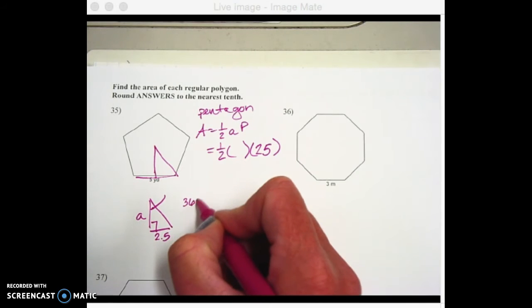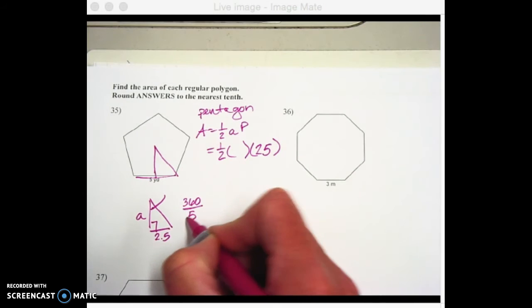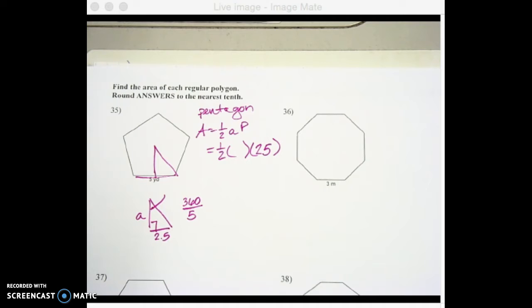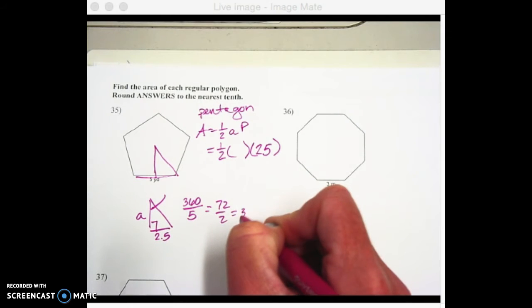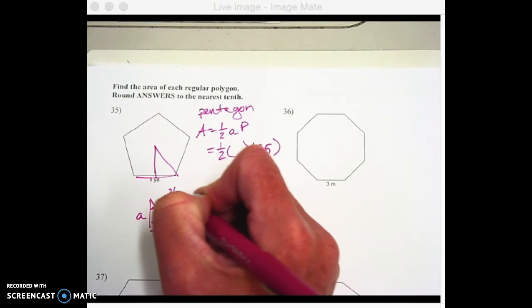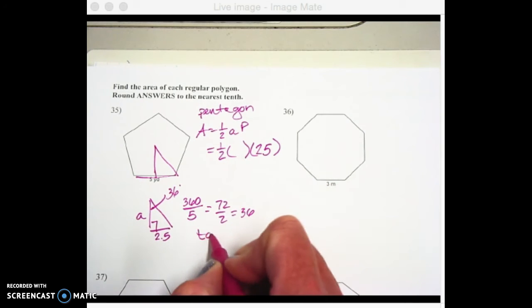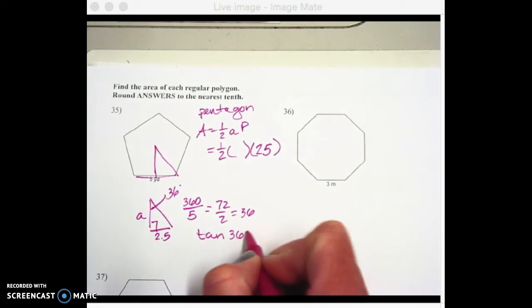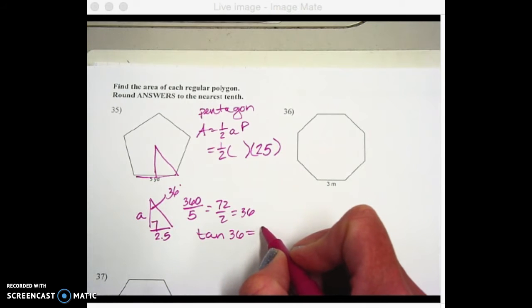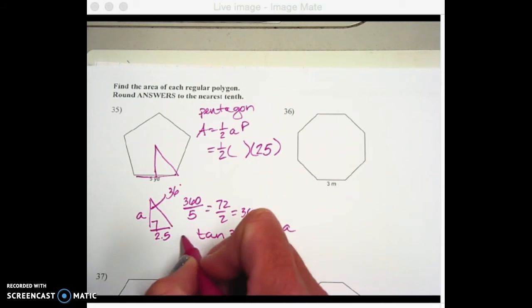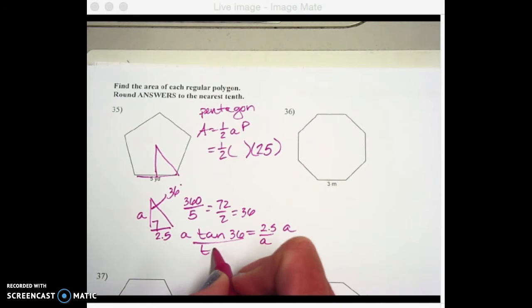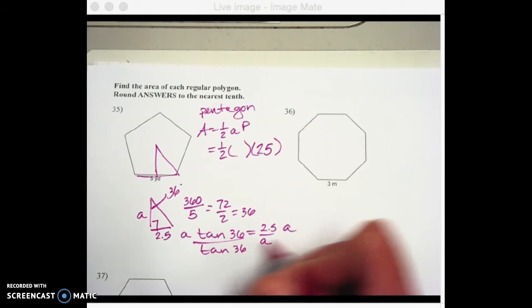So we need to get this angle right here. To get that angle, we go 360, we divide it by 5 sides, which is 72, and we divide that by 2, so 36 degrees. And so we're going to use the tangent of 36, set that equal to the opposite of 2.5 over the apothem, multiply both sides by the apothem, divide both sides by the tangent of 36.